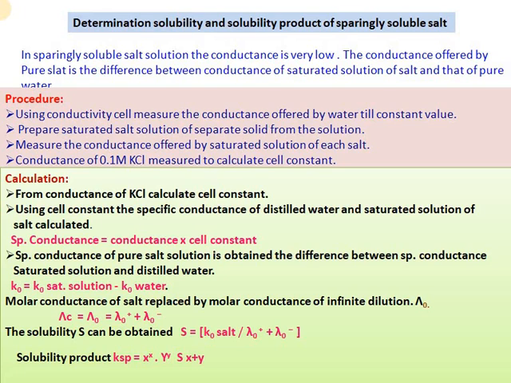But in the case of a sparingly soluble salt, the contribution from the saturated solution of the salt and that from the water toward conductance may be comparable, and therefore the conductance offered by the pure salt is obtained as the difference between the conductance of the saturated solution of the salt and that of the pure water.